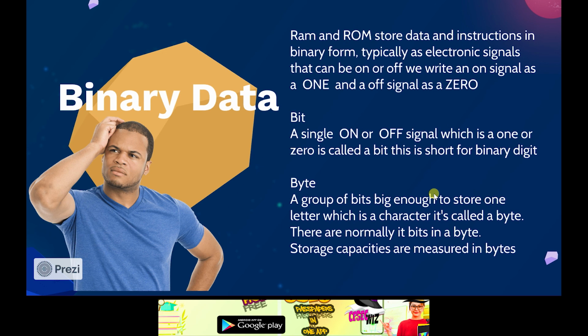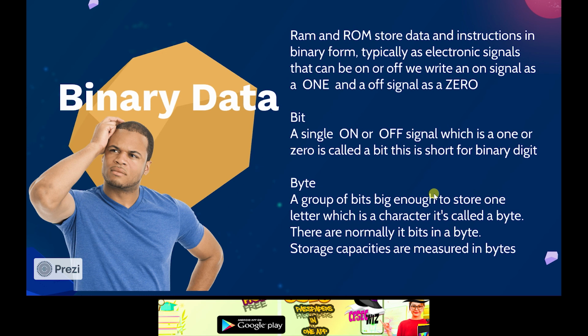Typically, this is an electronic signal that can be on or off. So they're written as a 1 for on and 0 for off. So that's ones and zeros. That's where the term ones and zeros comes from.